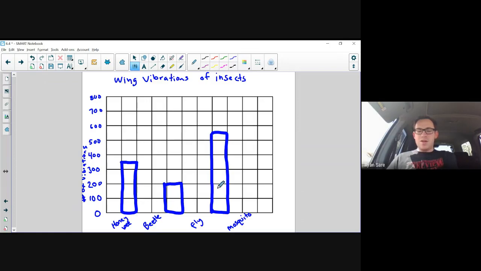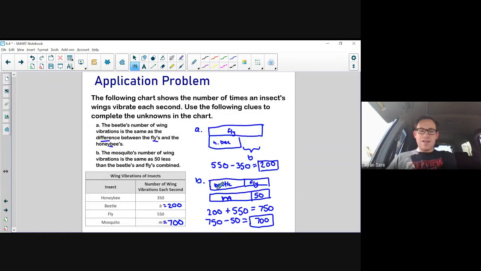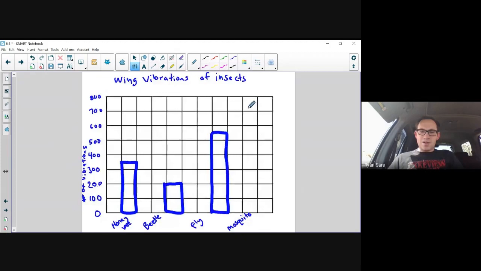And then for the mosquito, 700. That one's gonna go all the way up here. Got some funky gaps in my graph, but as long as they're spaced apart, that's okay. I just want to know which one goes to which value.